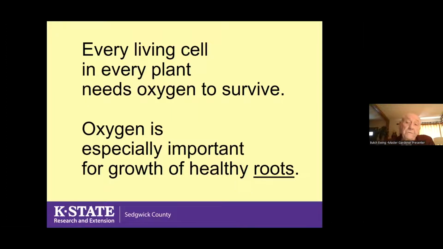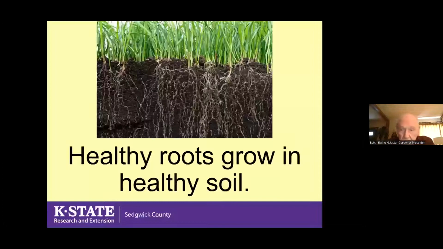So oxygen is especially important then to the roots of the plant, which are in the soil, and the roots have to get their oxygen from the soil. And of course, you know that if you grow healthy roots, you have a much better chance of growing a healthy plant.